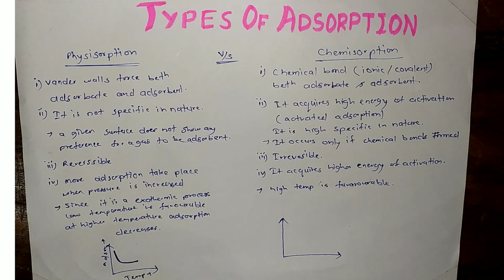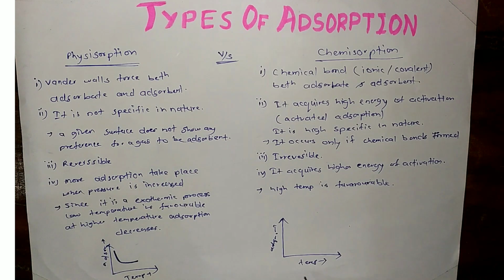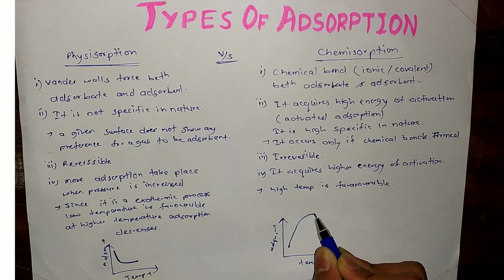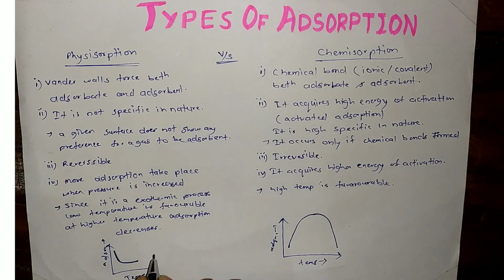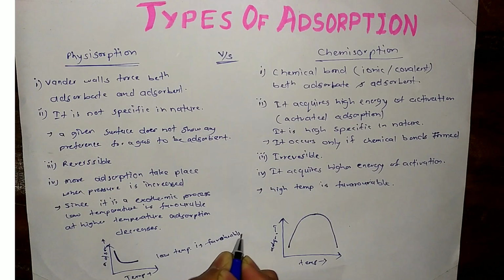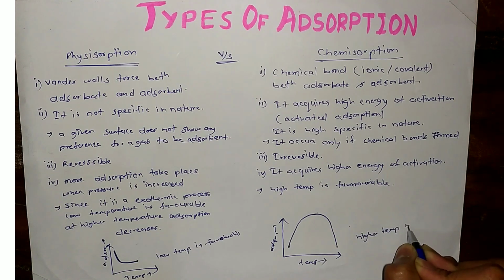In chemisorption, adsorption increases with temperature up to a certain value, after which it decreases. Low temperature is favorable for physisorption, but in chemisorption higher temperature is favorable.